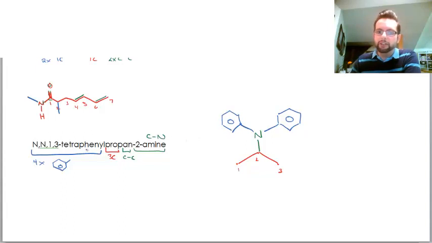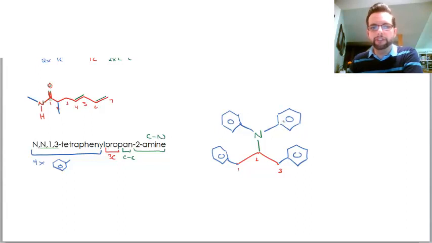One here at carbon 1, and another one at carbon 3. There's my 4 phenyl groups. This N,N tells me that those phenyl groups are attached to that nitrogen. So then I look, okay, that nitrogen has 3 bonds. It can't form any more bonds, generally speaking. So we're done. And this is a tertiary amine because this nitrogen is bonded to 3 other things that aren't hydrogen.